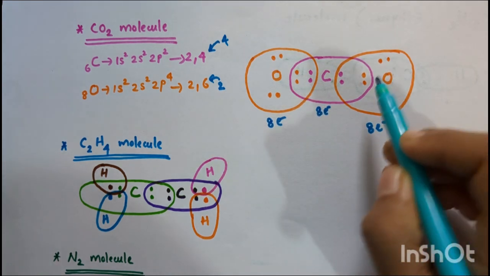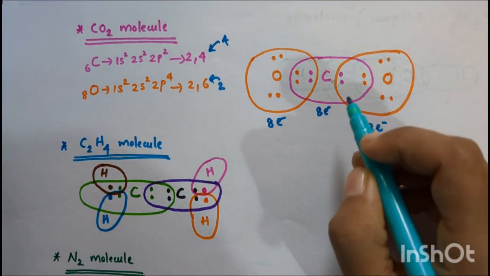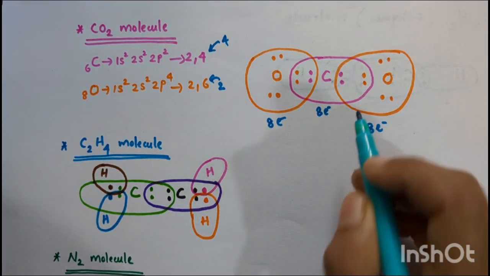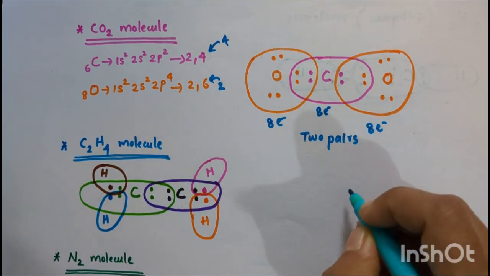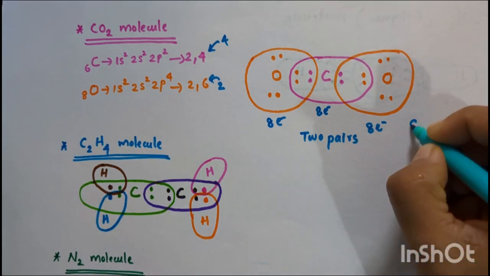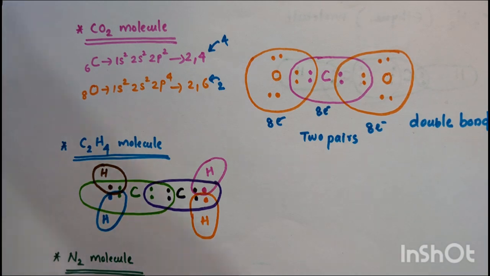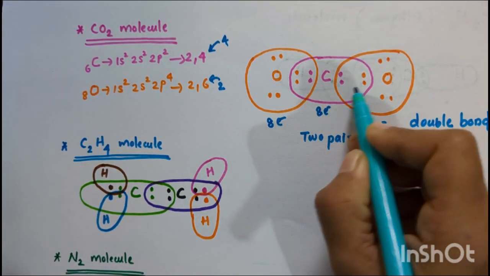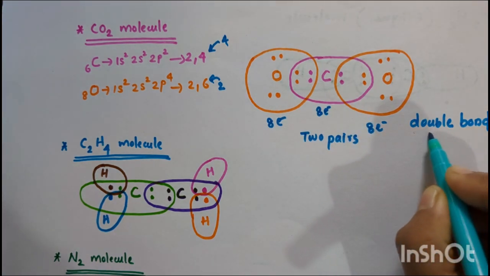Similarly, the carbon and the other oxygen share 4 electrons between them, or 2 pairs of electrons. If 2 atoms share 2 pairs of electrons, or 4 electrons, the covalent bond formed between them is called a double bond. If only one pair of electrons is shared, that is a single bond. Here 2 pairs of electrons are shared, so such a covalent bond is called a double bond.